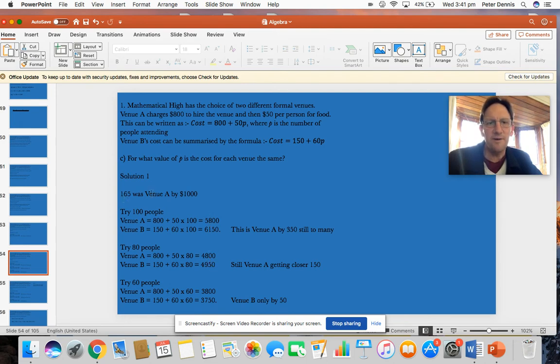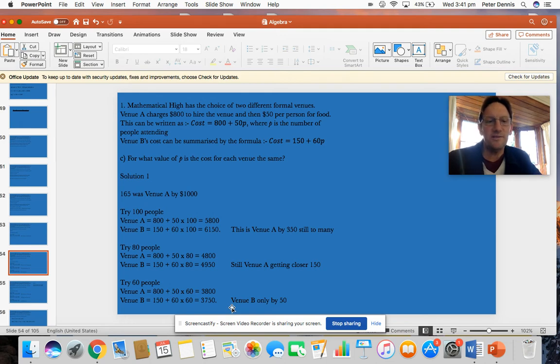At 165, venue A was cheapest by 1,000. At 100 people, venue A was cheapest by 350. At 80 people, venue A was cheapest by 150. What if we try 60 people? Suddenly we've got the opposite. Venue B is the cheapest, but it's only by $50.